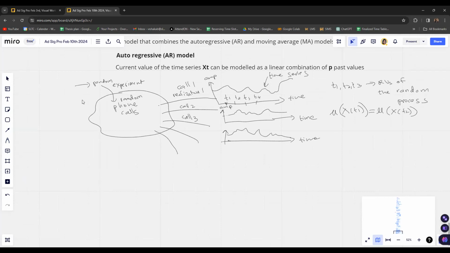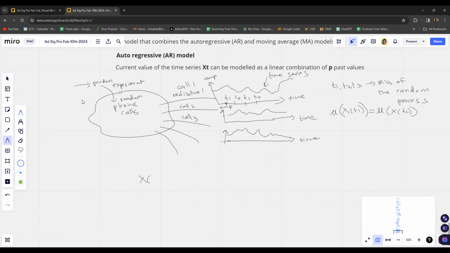We have to forecast based on the past values we have got for each of the time variables T1, T2, T3, T4. So we have to predict the next time instance value based on the past values, and you also have to understand the relationship between the current value of the signal and the past values of the signal.